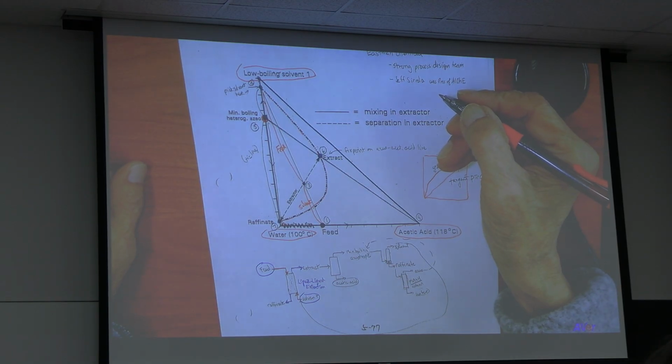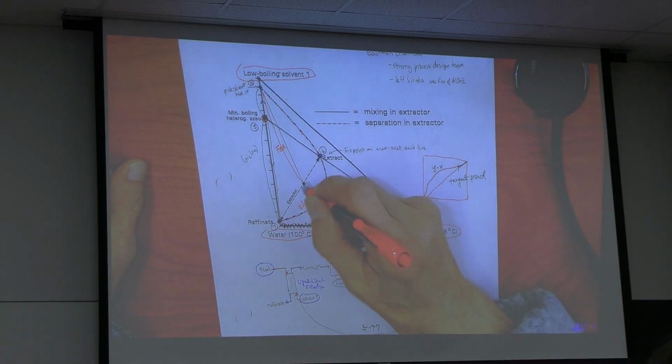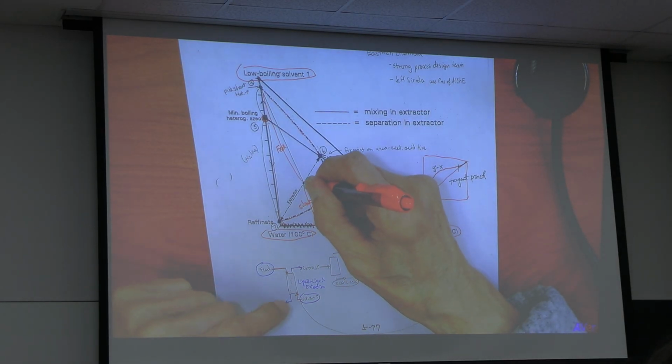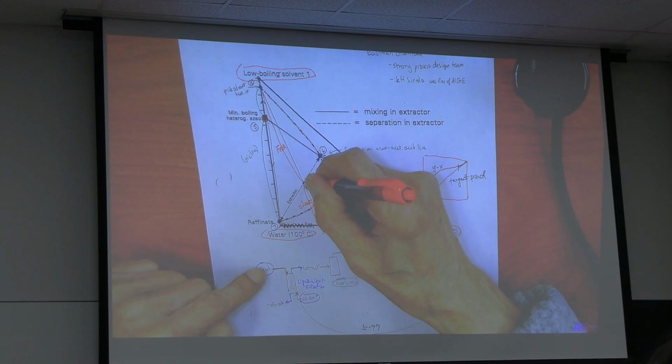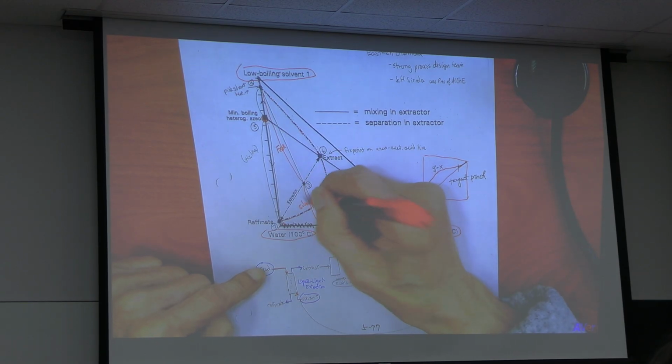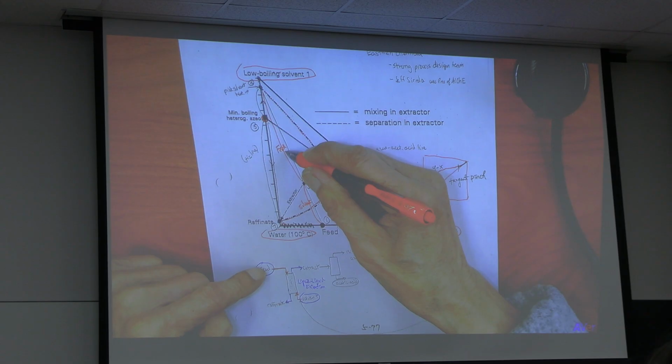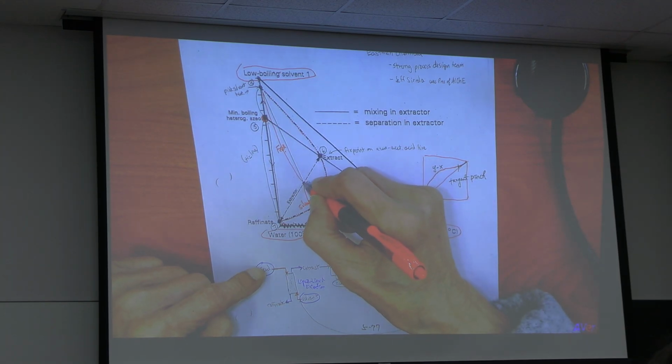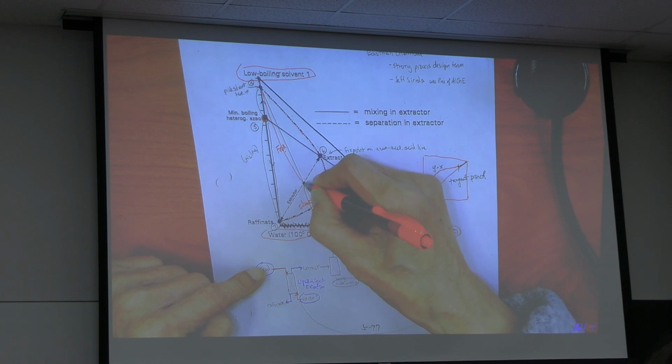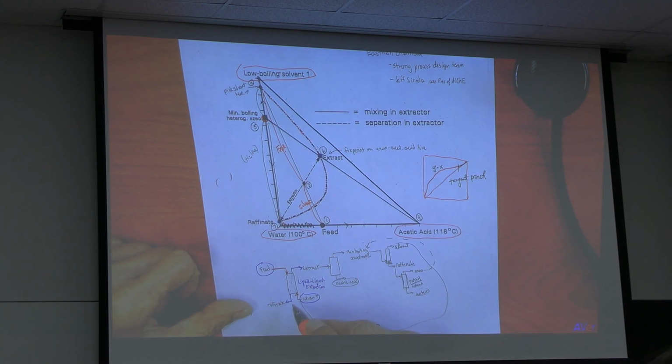Jeff Sirola is smart. He said, make sure the solvent to feed flow rate ratio will give you number 3. That is the line between extract and raffinate.